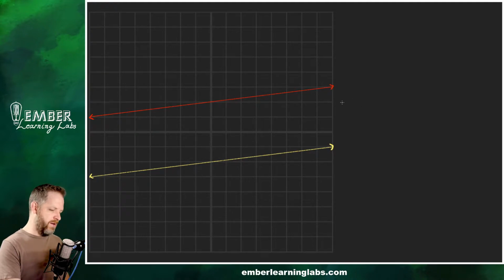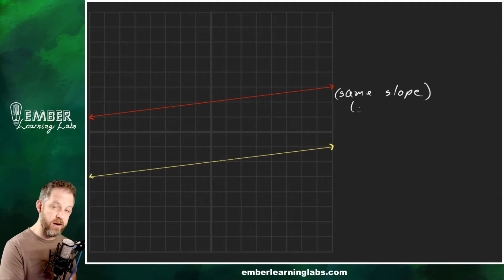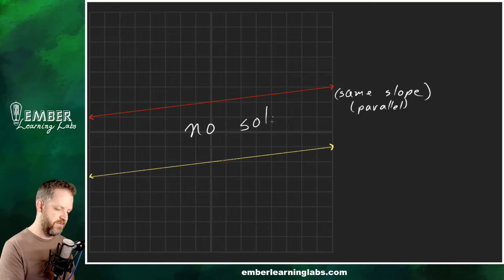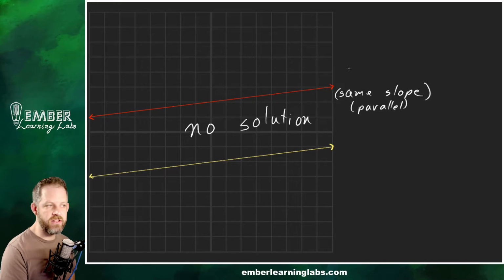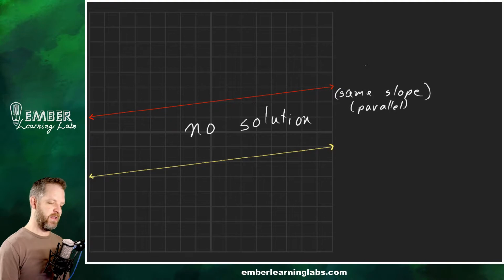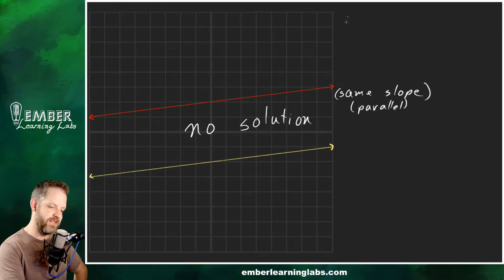So they have the same slope for one thing, which means that they're parallel, which means that they have no solution because they never, in fact, touch. They're never, ever going to touch. You extend those on forever and ever, and they never will touch because they're parallel. They have the same slope. They have no solution. And these are considered to be inconsistent.